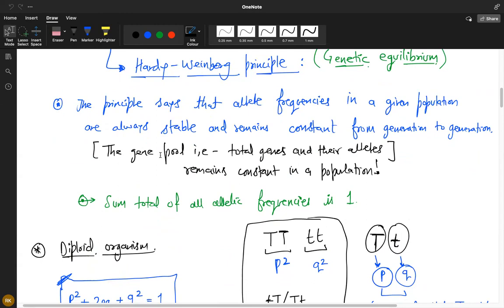Here P square is the homozygous dominant, 2PQ is the heterozygous, and Q square is the homozygous recessive. When you add all these, you get 1, and we use this in equations to find out the frequency of specific ones.